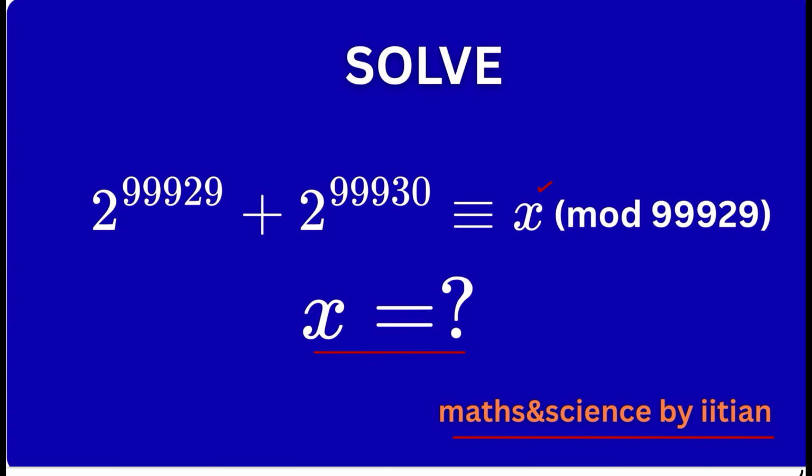X is the remainder. It is a problem from congruence, modular arithmetic, congruence modulo theorems and Fermat's theorem. To apply the Fermat theorem, we are required to find out whether this particular number 99929 is a prime or not.